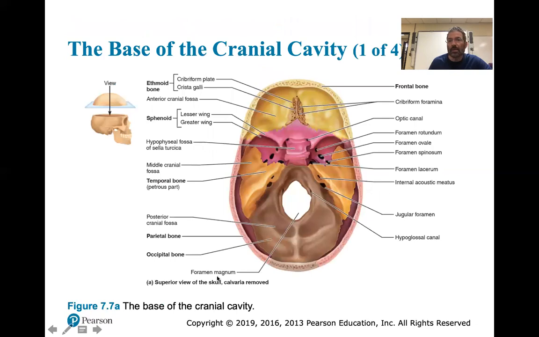So here is a superior to inferior view, S to I, just showing you some of these components. There's a cribriform foramen, optic canal, all right, foramen ovale, spinosum. My phone is right here. So this is going to be some cranial nerves going in here, through here. All right, internal acoustic meatus. So this would have to do with something with the ear, right?